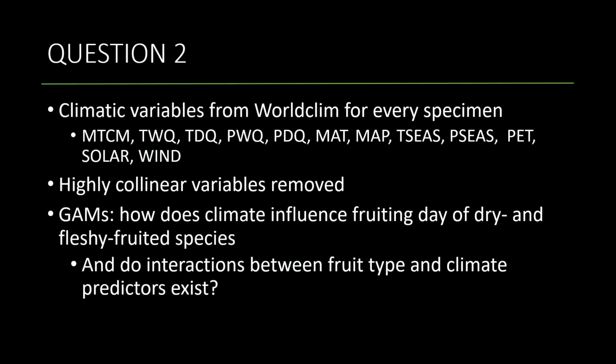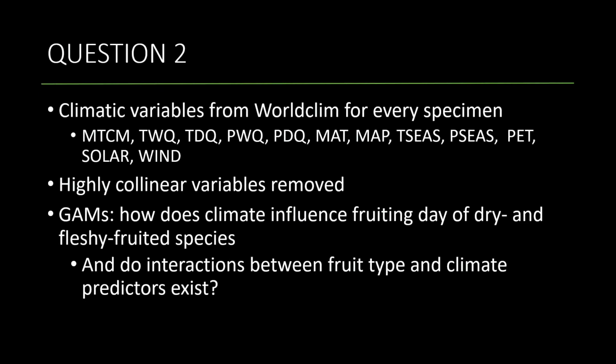So again, we used GBIF records to extract a bunch of climatic variables, and we excluded highly collinear variables, but these variables are basically precipitation and temperature variables, and then we included solar and wind.